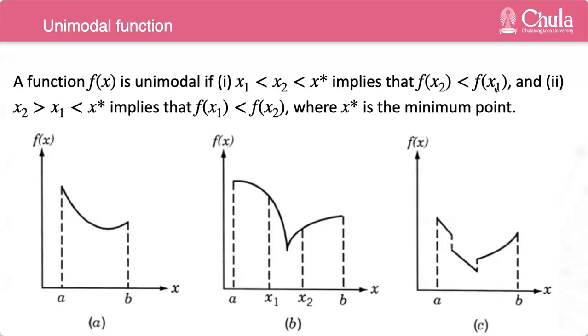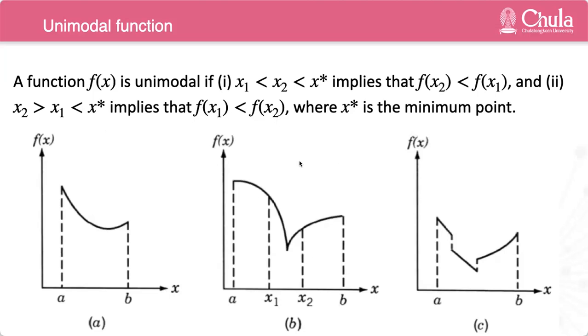What does it mean? The second condition is x2 is greater than x1 but less than x star, which implies that f(x1) is less than f(x2), where x star is the minimum point.